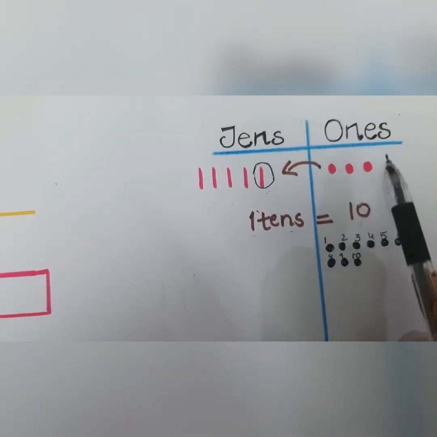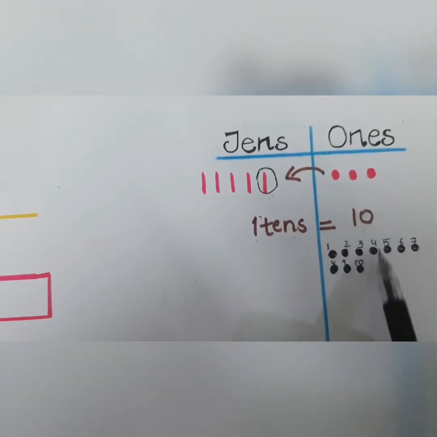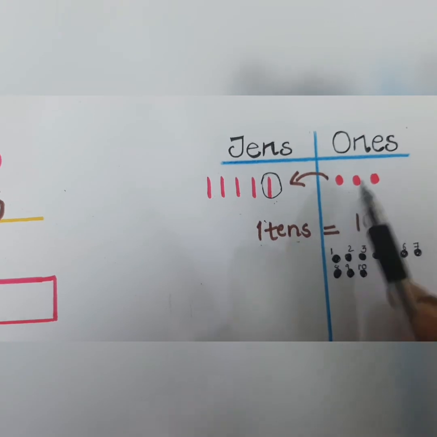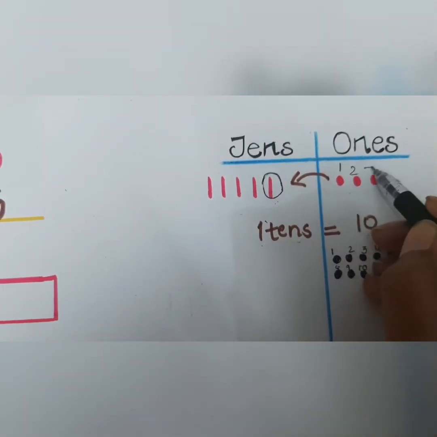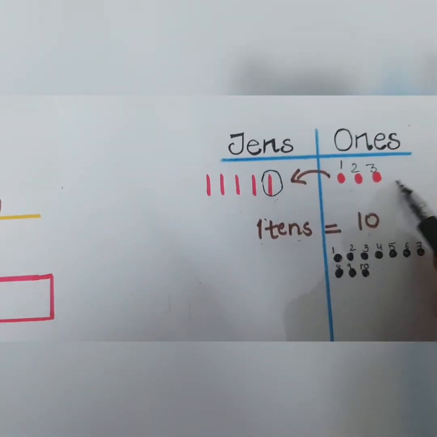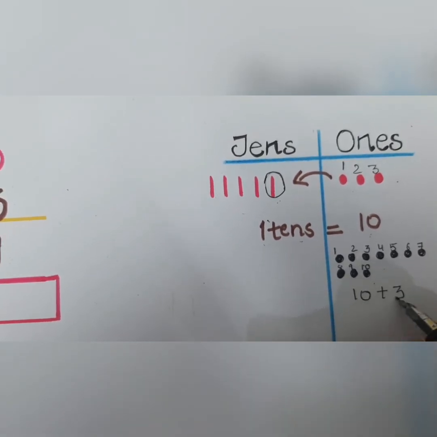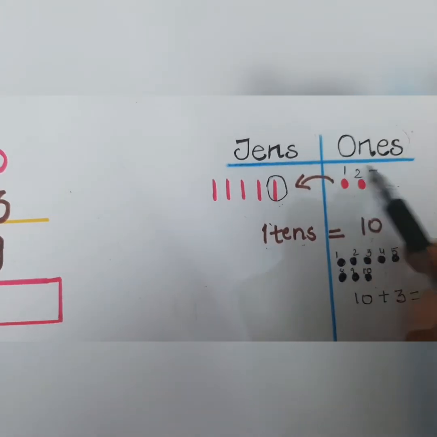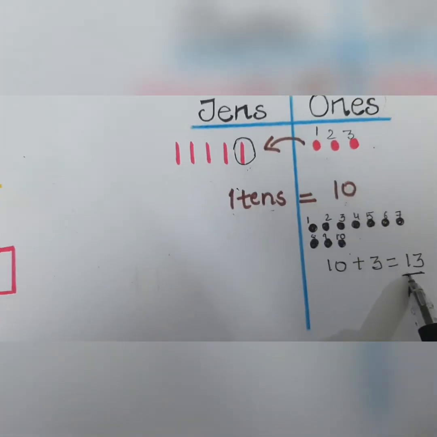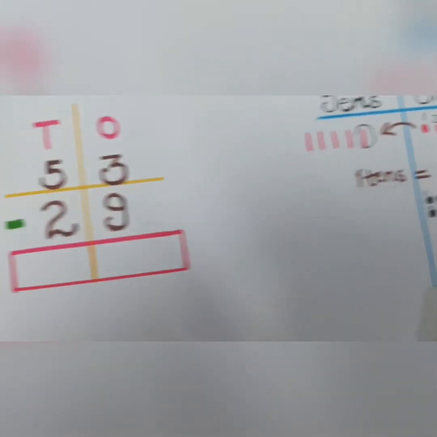Now at ones position, how many total circles do we have? We have 1, 2, 3. This 3 circles plus 10 circles. So we have 10 plus 3 is equal to 13 circles. So at ones position, we have 13.